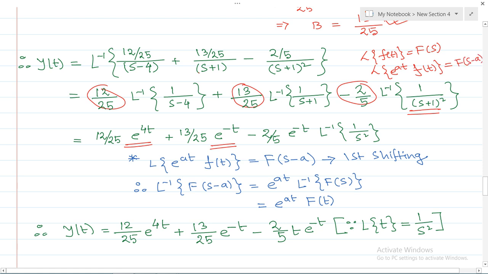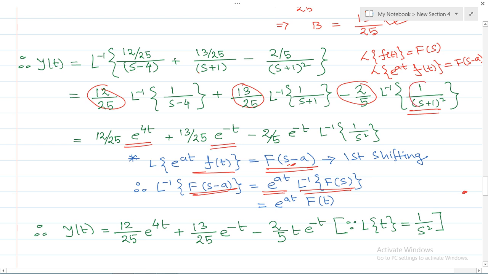Every s will be replaced by s minus a, that I have written here: L of e power at f(t) equals F of s minus a. Now if you take the Laplace inverse of F of s minus a, and in the F(s) term we see any terms related to s minus a, like s plus 1 whole square, s minus 1 whole square, or s minus 1 whole square plus 1, then first of all e power at comes out common, and the rest will be L inverse of F(s).